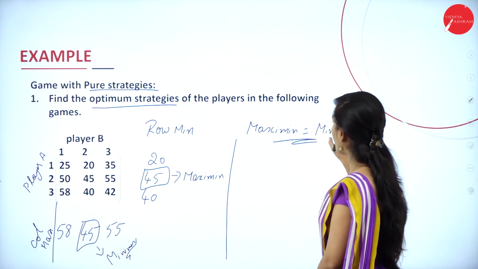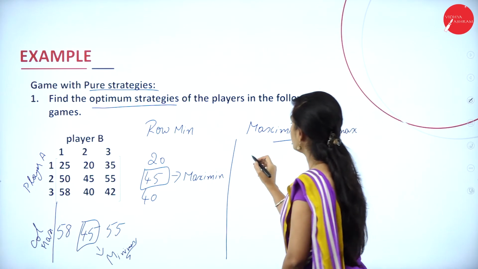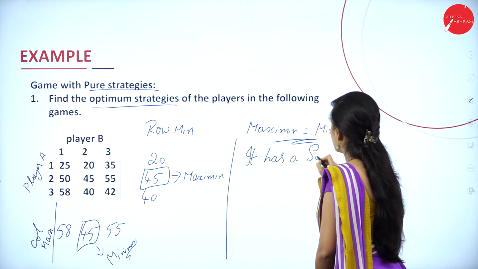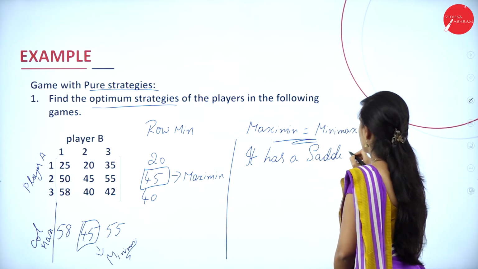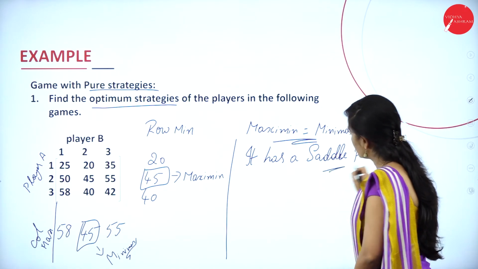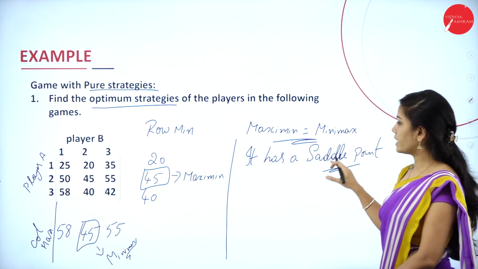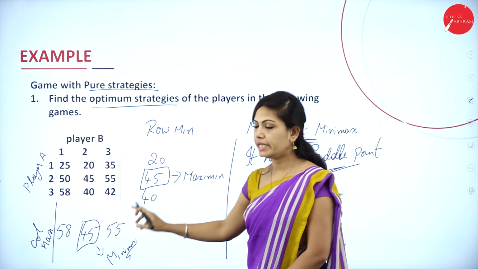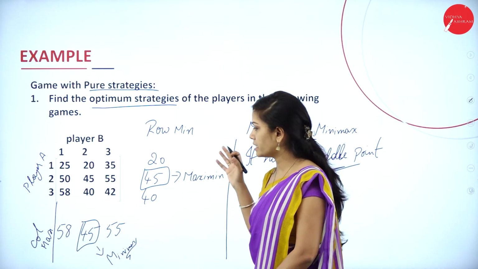If maximin and minimax values are equal, it has a saddle point. Saddle point means both the maximin and minimax values should be equal. Then we can say it has a saddle point.